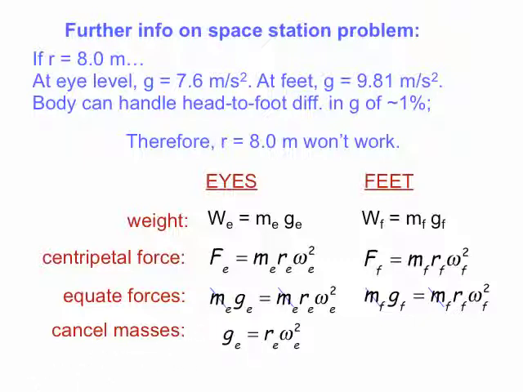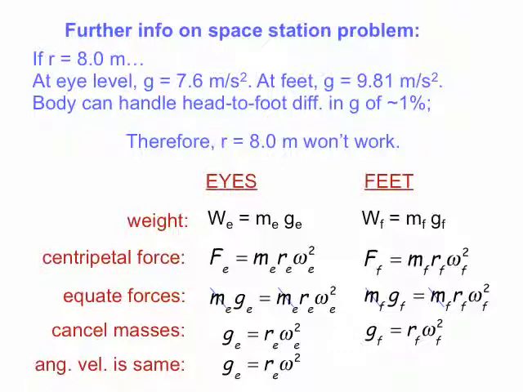And in this case, g for both is rω², or r angular velocity squared. We want the angular velocity for both to be the same. Okay? Angular velocity is going to be the same.